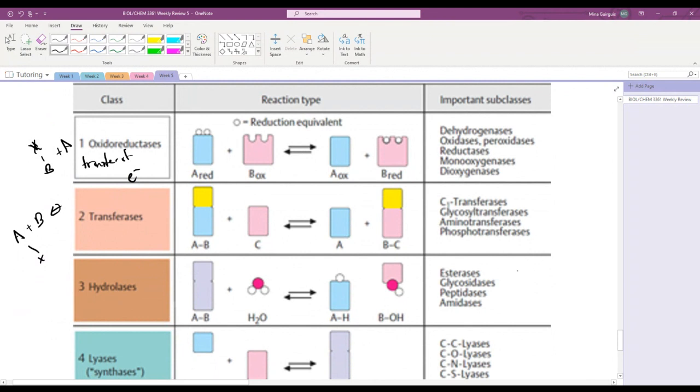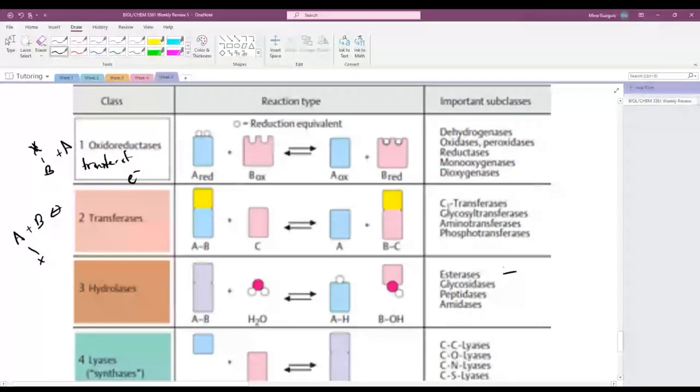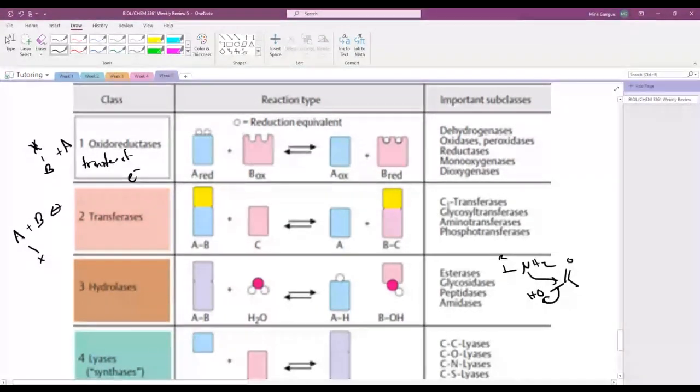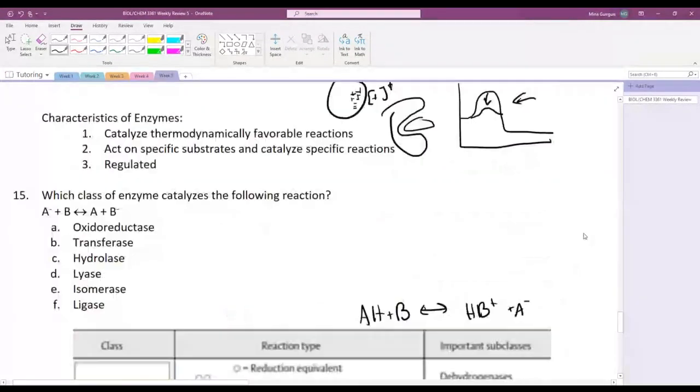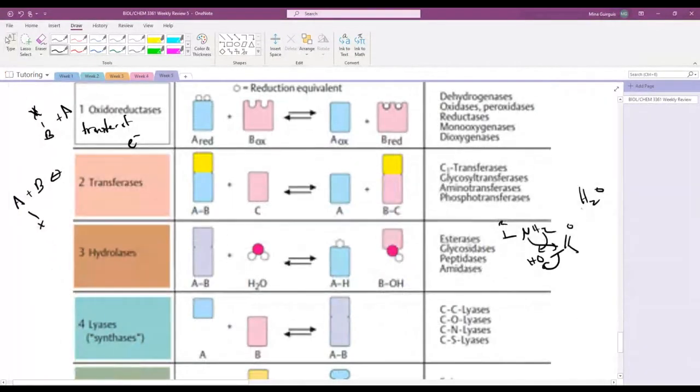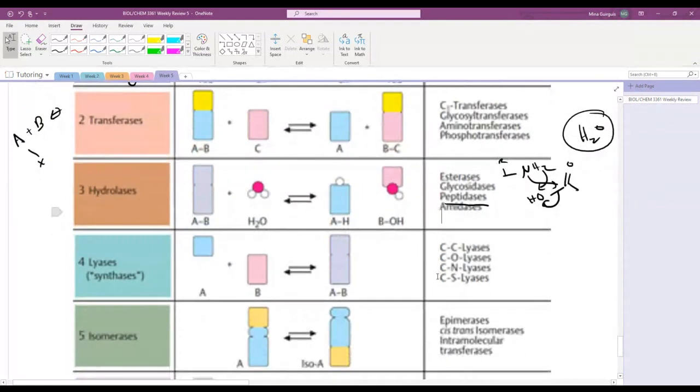Remember that a peptide bond is central carbon, R group, all that stuff, and then you've got this NH2, and you react it with this, and what happens is when this attacks, this is eventually going to fall off along with one of these hydrogens, and H2O leaves. Well, that's a classic hydrolase, okay? And that's why over here, actually, we see a common example is the peptidase. The formation of a peptide bond is a hydrolysis that's sped up by a hydrolase, okay?